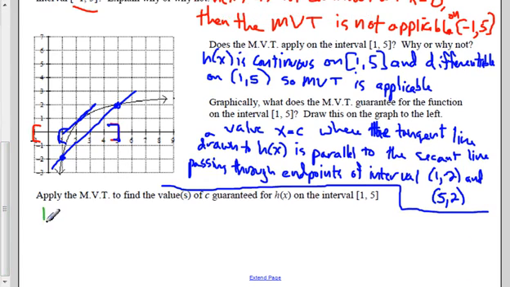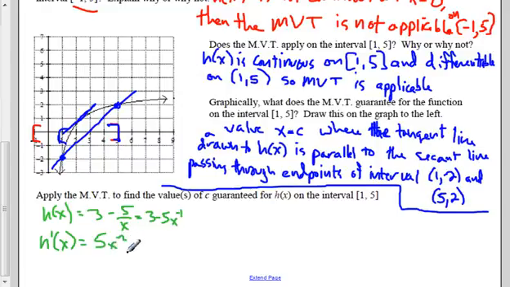So I know h of x is equal to 3 minus 5 over x, which I'm going to write as 3 minus 5x to the negative first, because it's going to be a little bit easier to take the derivative of that. Derivative of 3 is 0. Derivative of negative 5x to the negative first is going to be 5x to the negative second, and that's going to be equal to 5 over x squared.